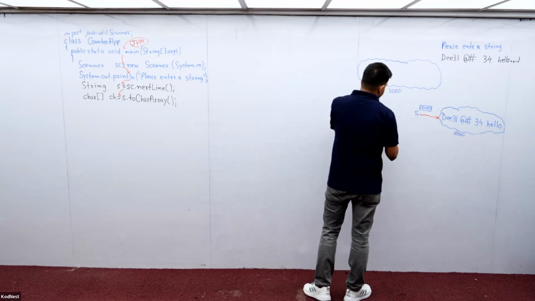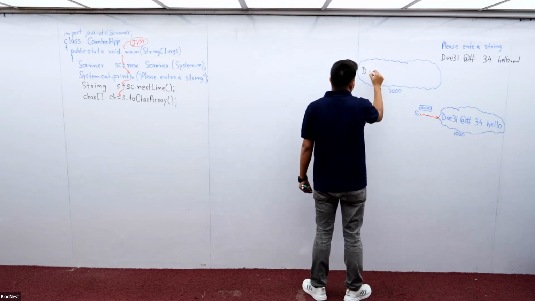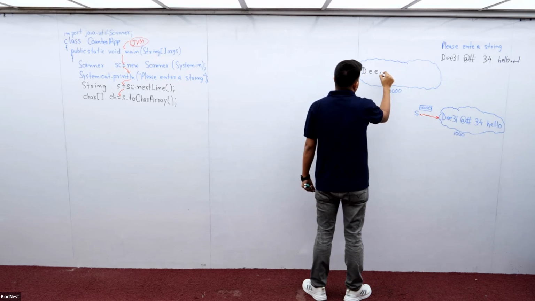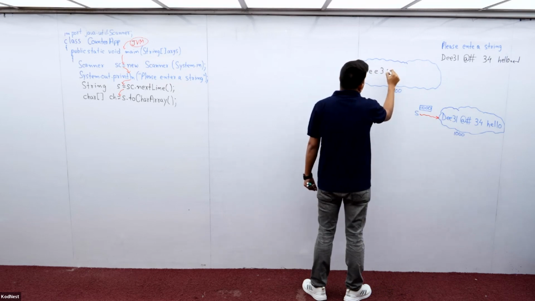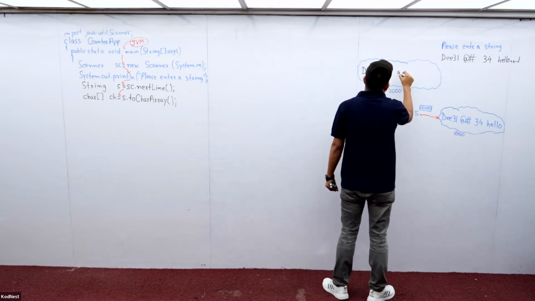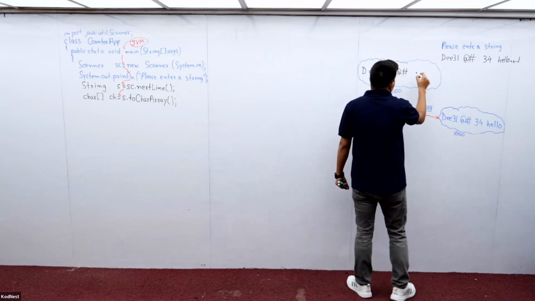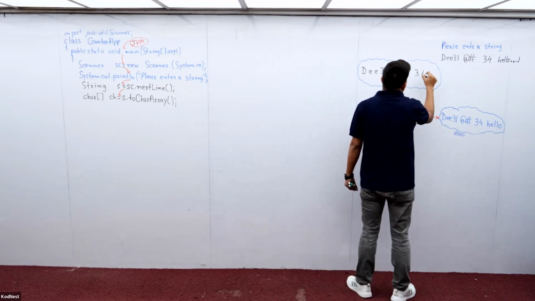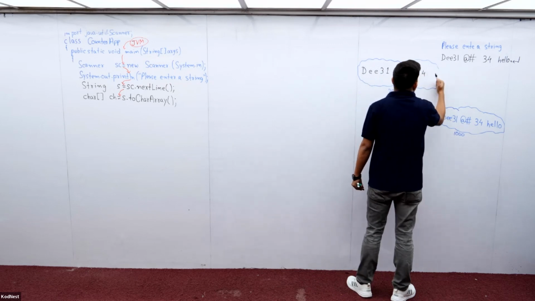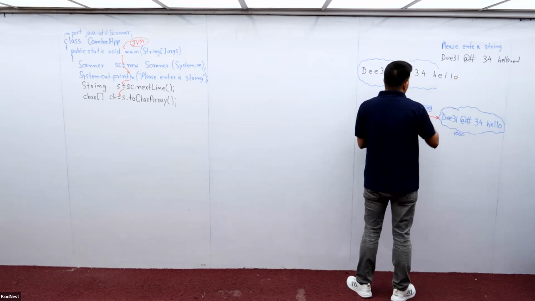So it will have something like D, E, E, 3, 1, space, at the rate, hash, space, 3, 4, space, H, E, L, L, O. This will of course be present as an array of characters.